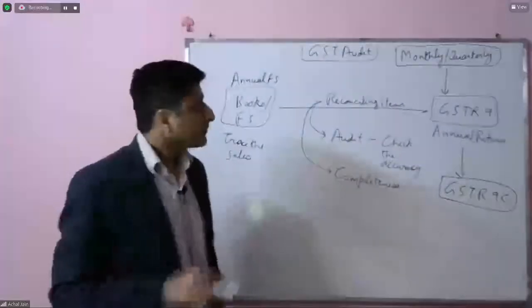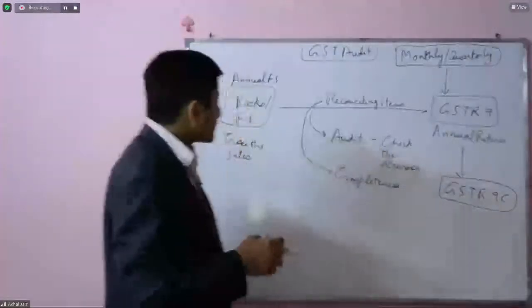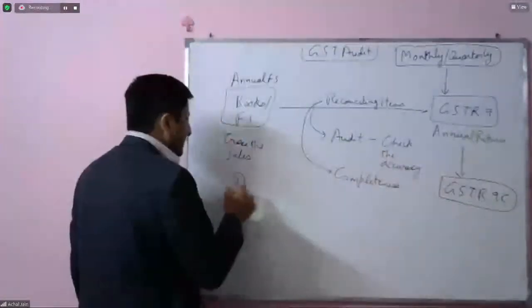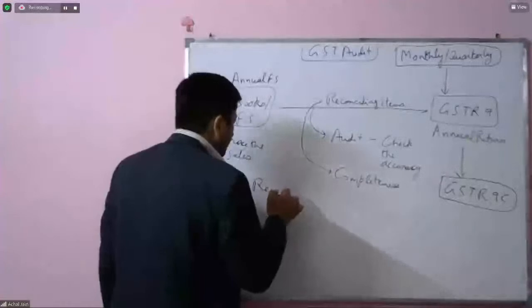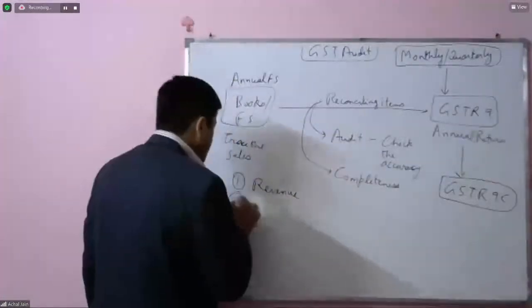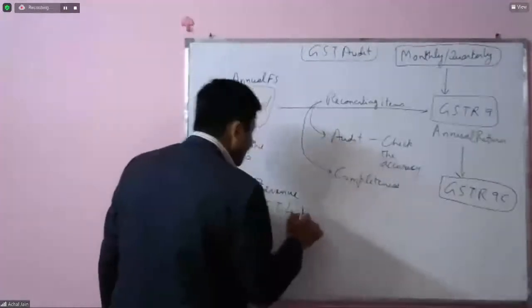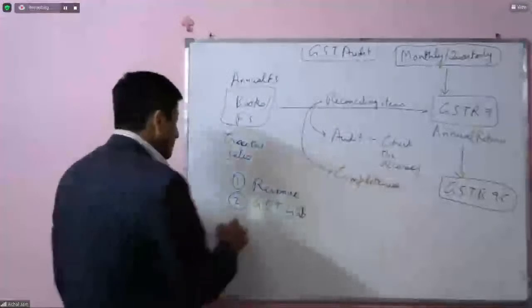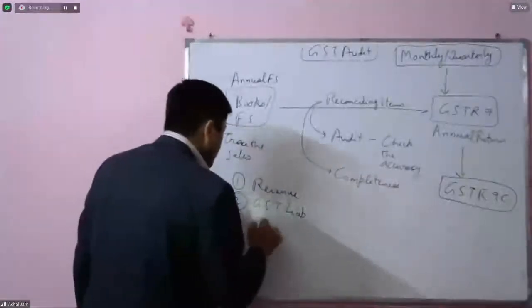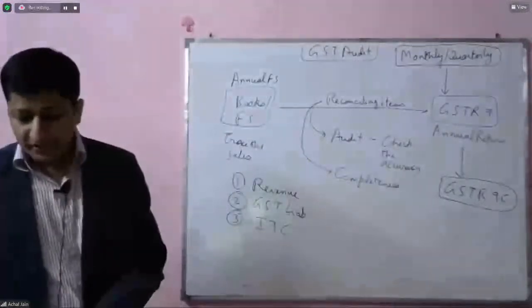Now, in relation to GSTR 9, as we discussed, there are various items. One is revenue, which is required to be checked. Second is GST liability, which is required to be checked. Third is input credit, ITC, which is again required to be checked.